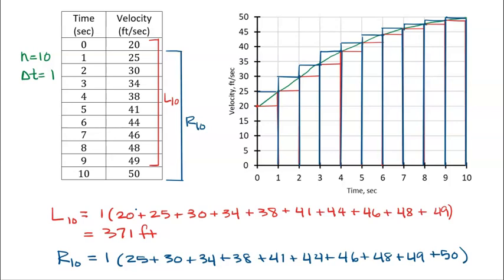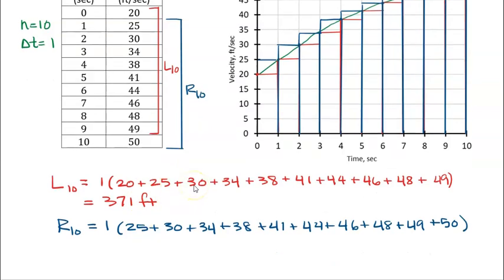Okay, so I'm going to skip the first velocity, because that's only on the left-hand side of the whole interval from 0 to 10. And I'm only going to take the last 10 values, and those represent the right-hand velocities.